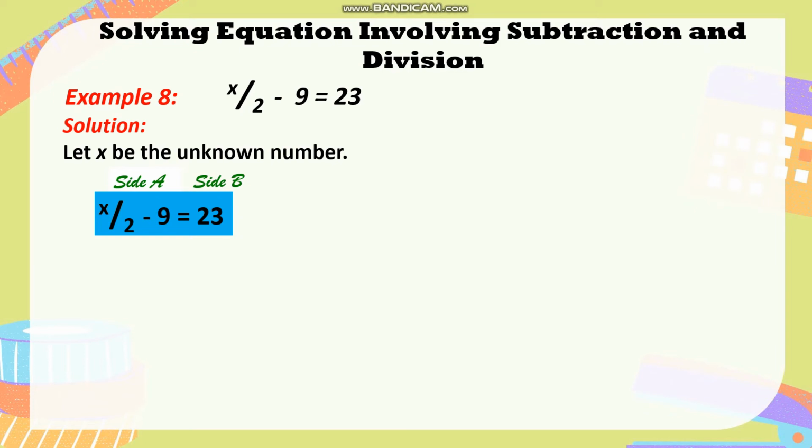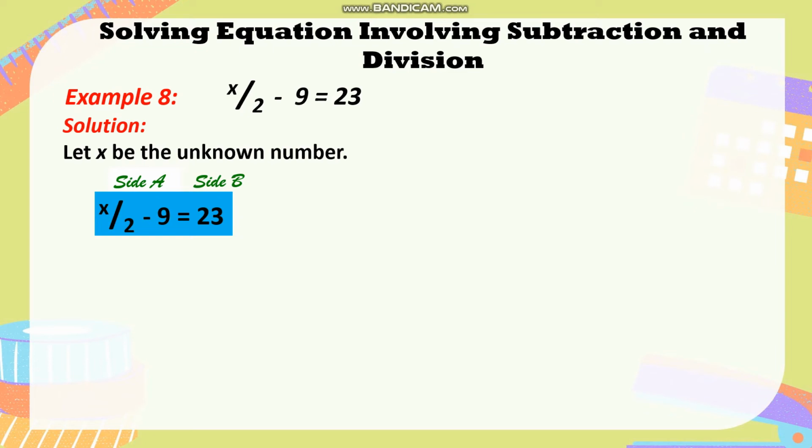First, identify the variable. Ang variable sa given equation ay x. Second, know what is attached to the variable. Sa given equation, minus 9 at divided by 2 ang naka-attach sa x. Third, undo the operation both sides.